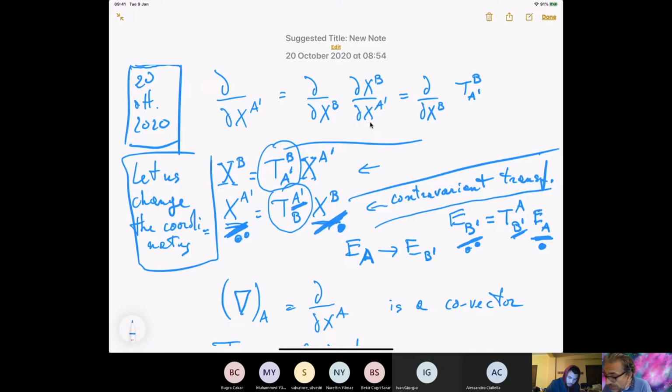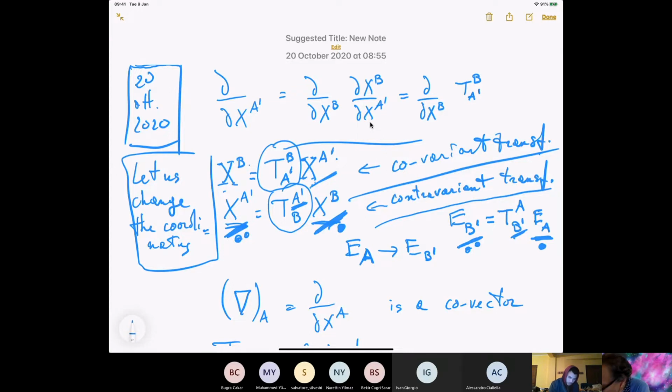So moving from XA prime into XB requires a covariant transformation. Okay? Because you must go from XA prime into XB. Okay.